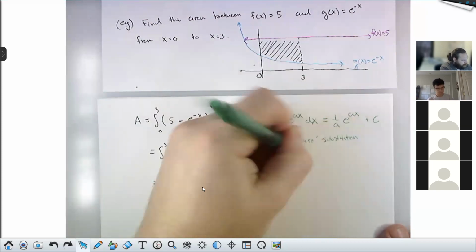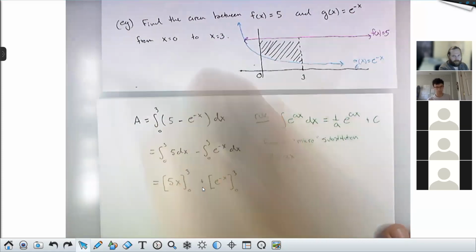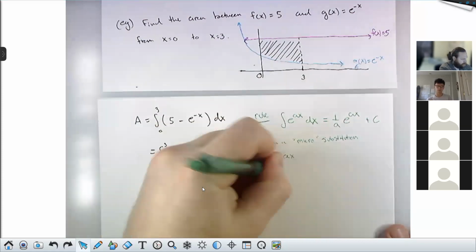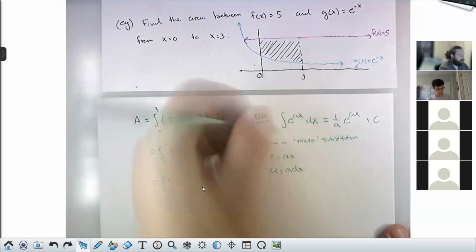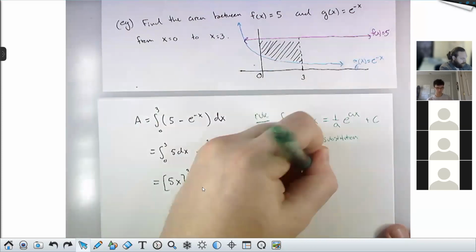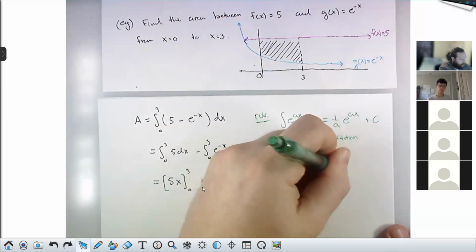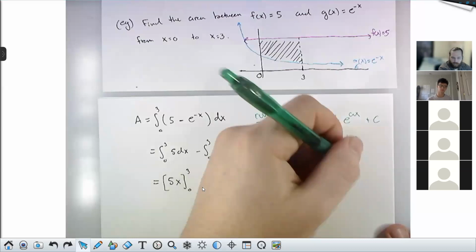The actual substitution, if you wanted to write it out, would be z equals ax, which means dz would be a times dx. And that statement about differentials can be written as 1 over a dz is equal to dx.